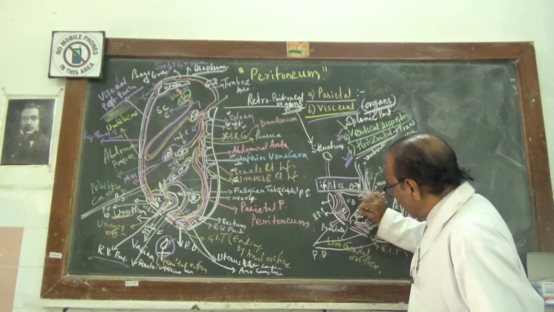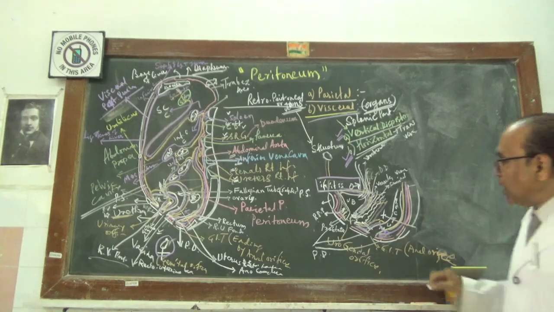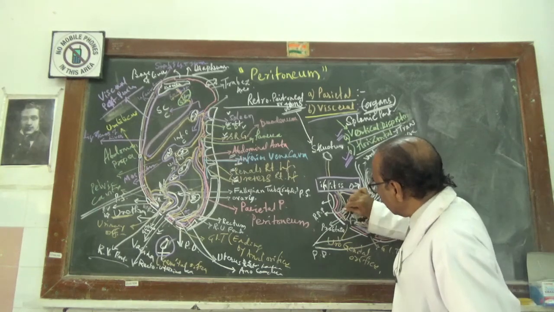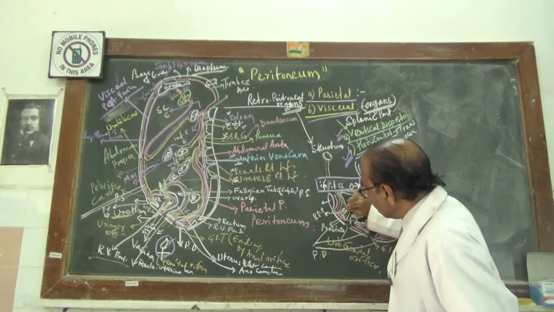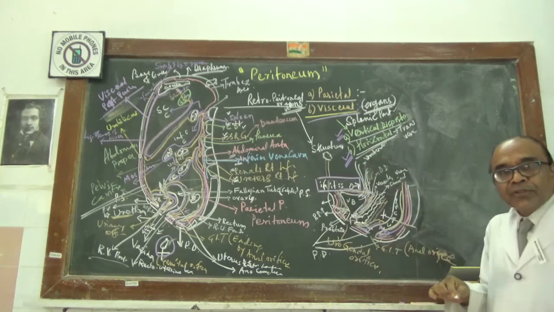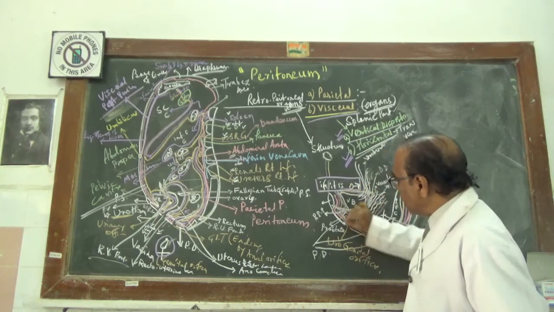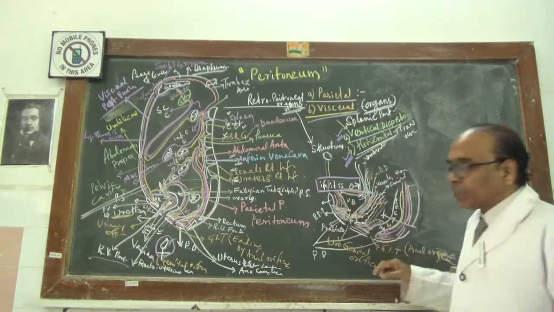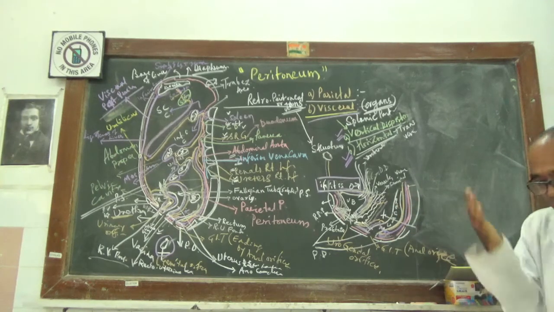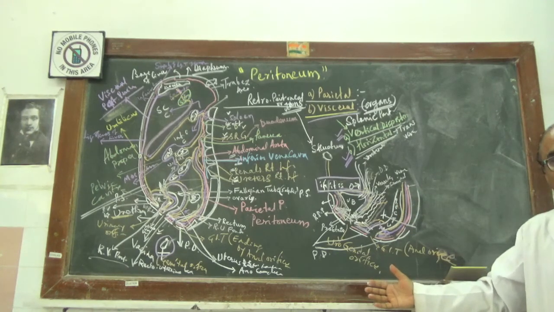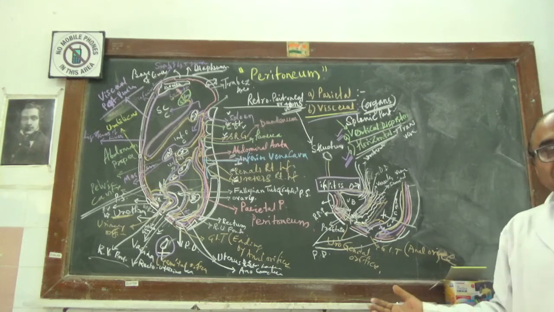Then from the prostate, the vesico-prostatic ligament, and from the urinary bladder neck to the pubis, the pubo-vesical ligament, and then the pubo-prostatic ligament, and then from the prostate on either side, right and left, the transprostatic ligaments.